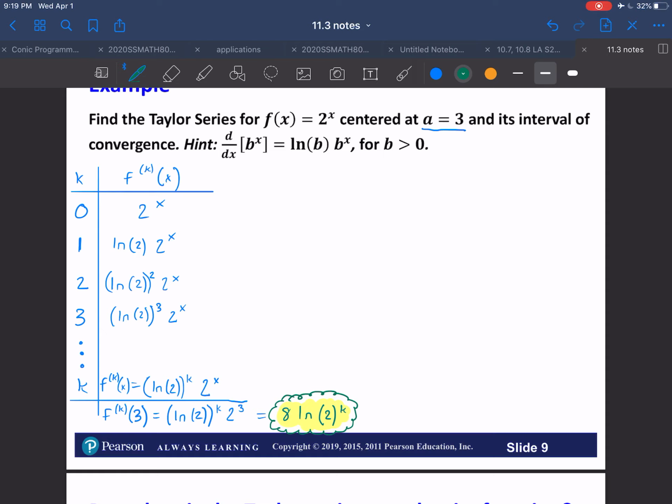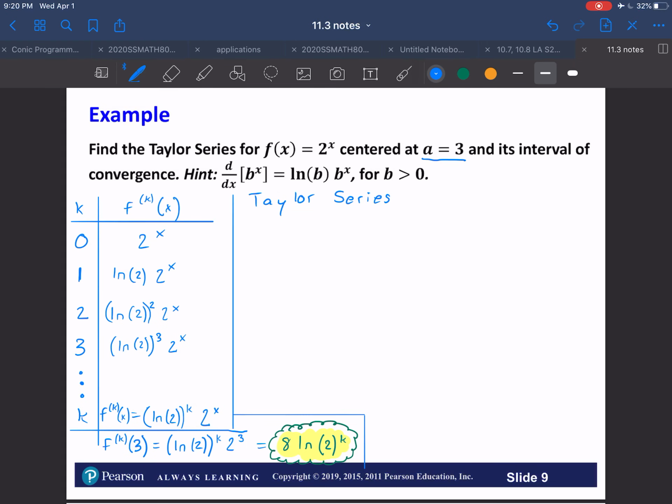So let's now write what the Taylor series should be. The Taylor series for f at a is the following.